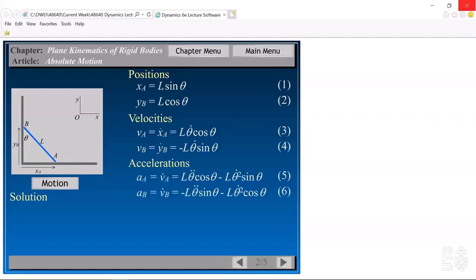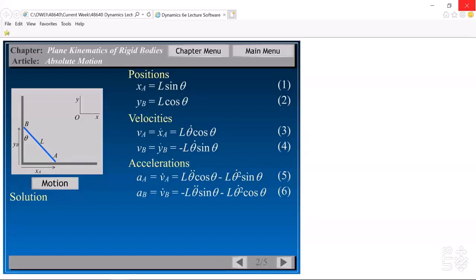Do time derivatives on both sides of equation 3 and equation 4. We can find the relationship between aA, the acceleration of point A, and theta double dot. Theta double dot, that's the angular acceleration of this bar AB.